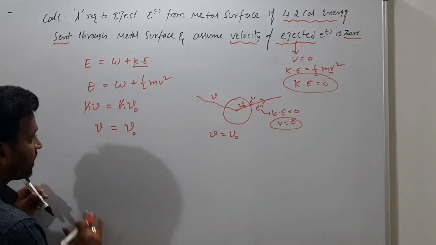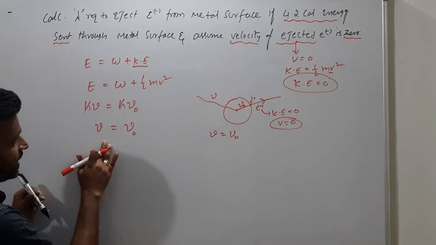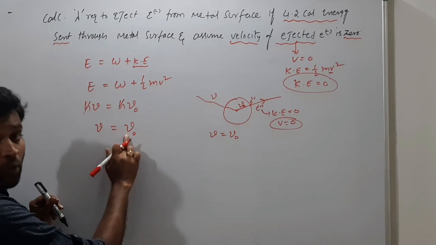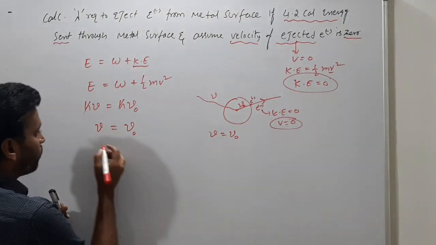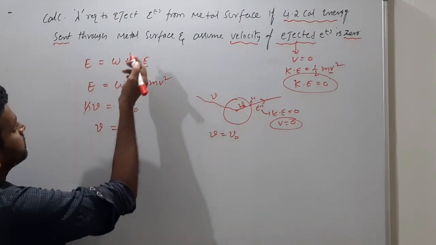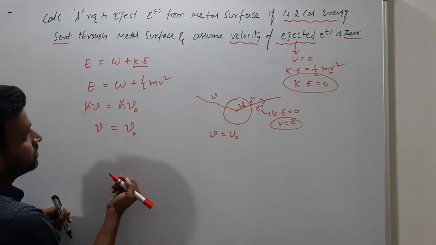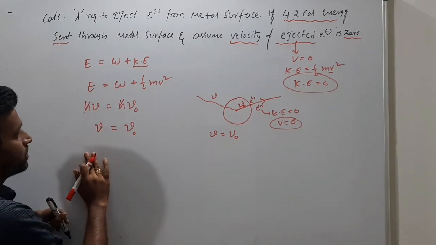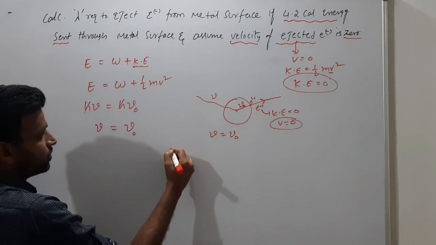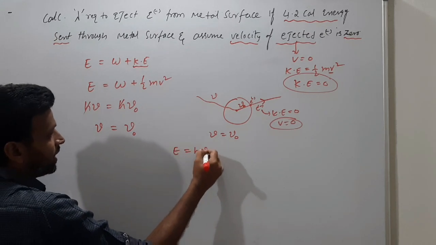Understood? So here the frequency you send and the frequency required to eject the electron both became the same. Then what can you say? I have this energy, so from the energy I can find this nu. Then E is equal to h nu.